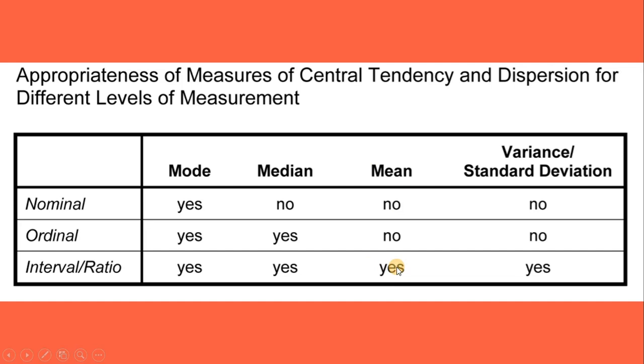But for interval data, continuous or discrete, you can use them. Variance and standard deviation: because for nominal and ordinal you cannot get a mean, you cannot compute variance and SD. So only interval type of data can use these. So it really takes a good skill to know what type of measures you are going to use to describe your data.